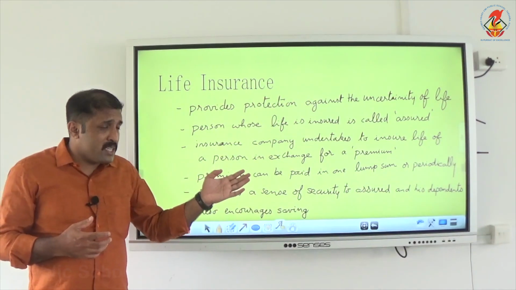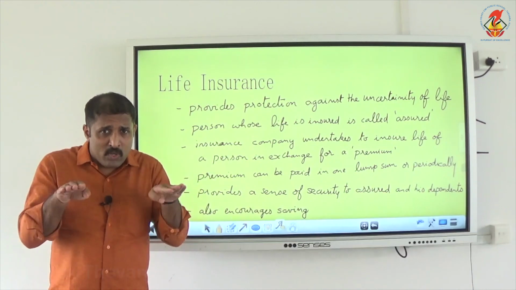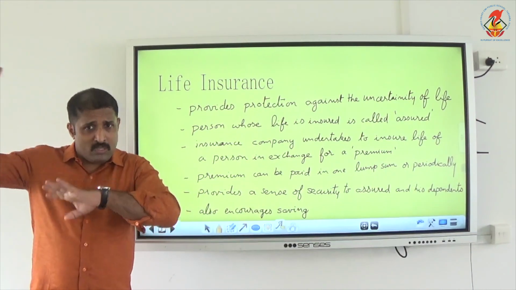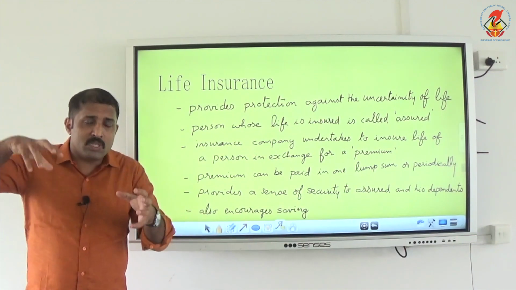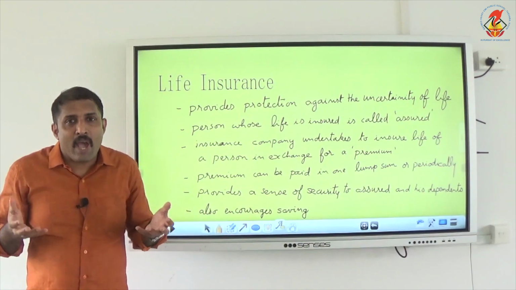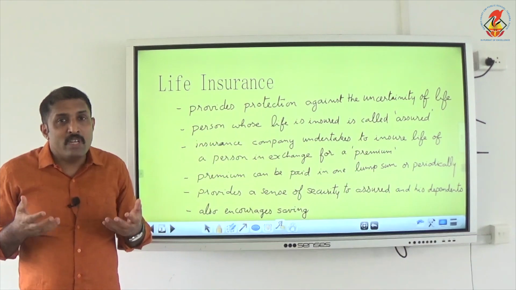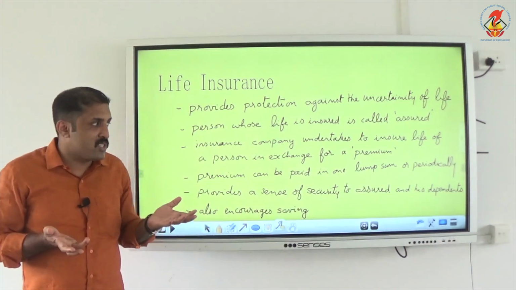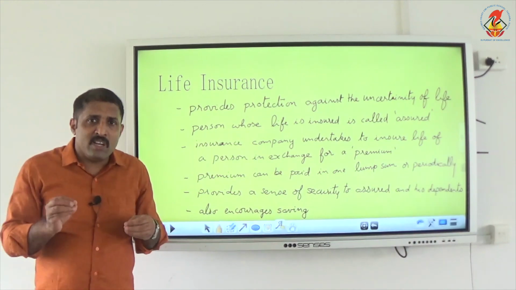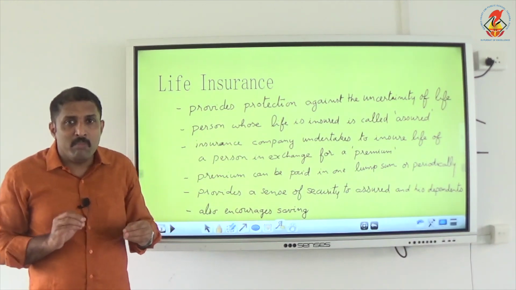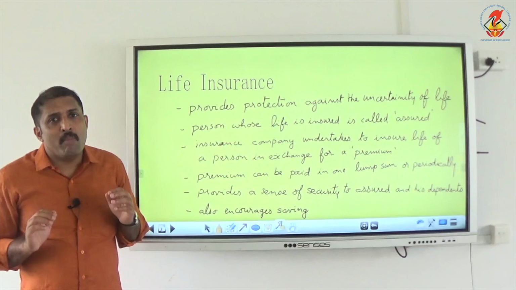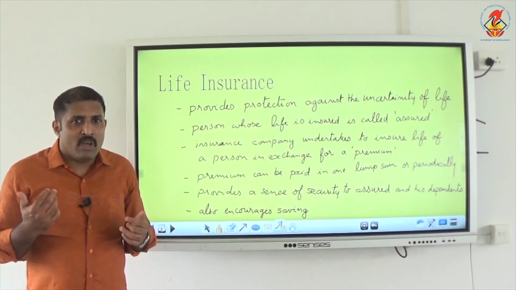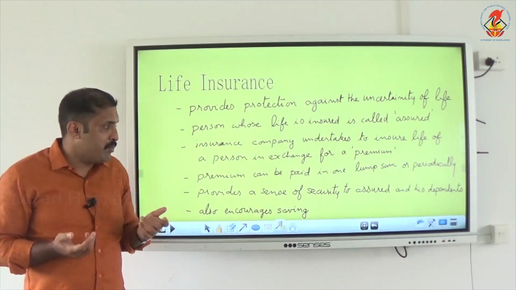Providing a security means it is helping to adjust with the situation, not as it was, when the person was there. So the indemnity principle is not applicable in life insurance, but still it provides a kind of security for the dependents. For the time being, they will be able to adjust with the amount the insurance company gives on a death or an accident, whatever be.